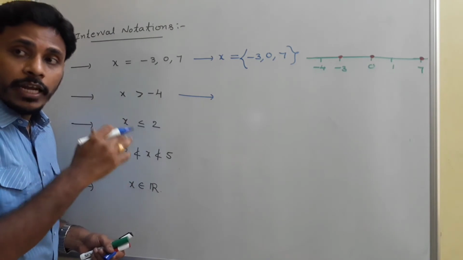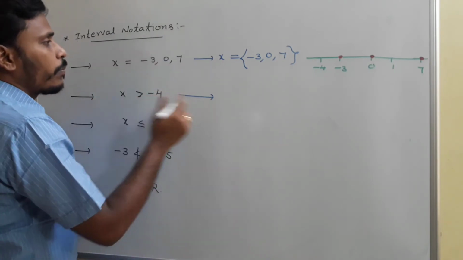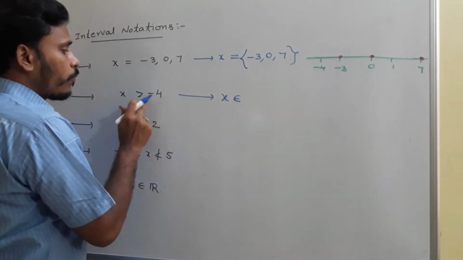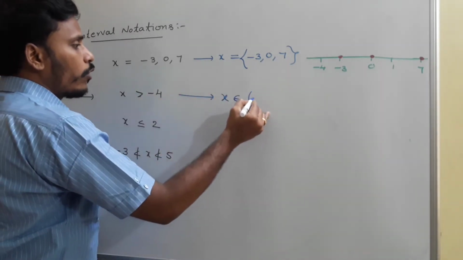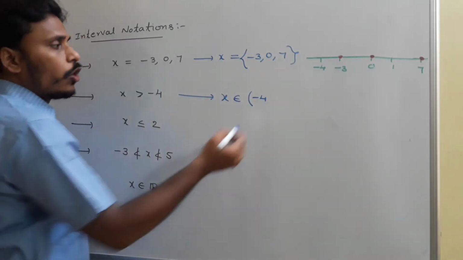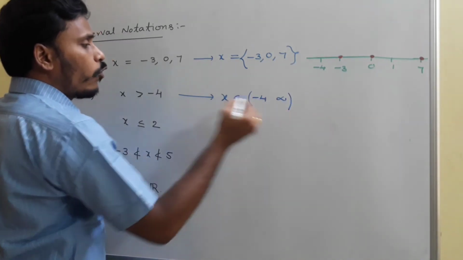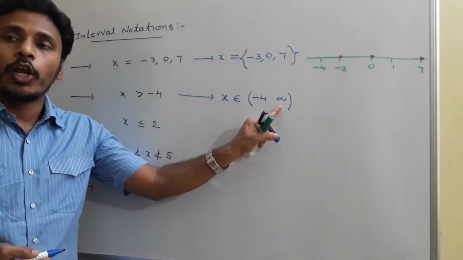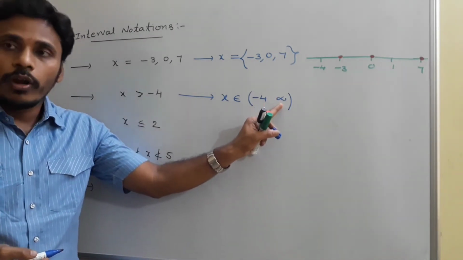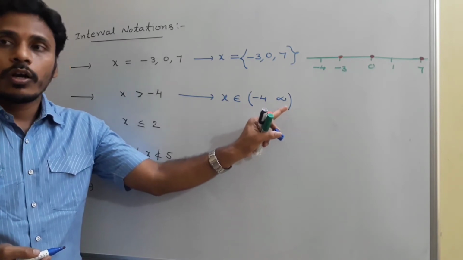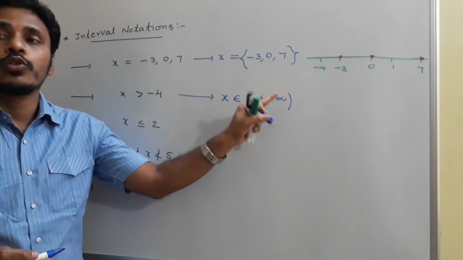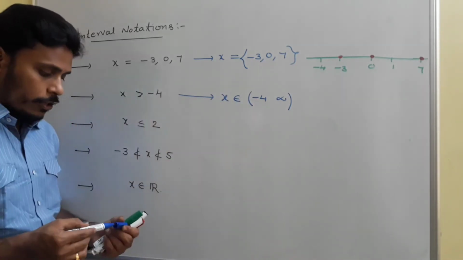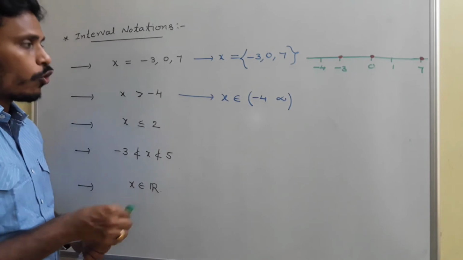From minus 4 to infinity, there are the possible values of x, and that's why x belongs to, since minus 4 is not included, you need to take an open bracket for minus 4 to infinity, minus 4 to the very unknown larger value. Since infinity is an unknown larger value, we don't use a closed bracket here. Always we need to use open brackets for infinity or minus infinity. Since here x is greater than minus 4, x belongs to minus 4 to infinity.